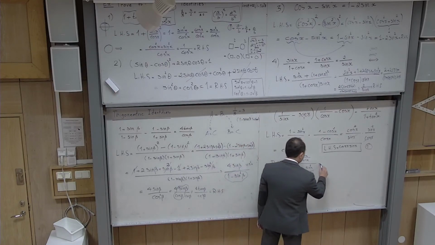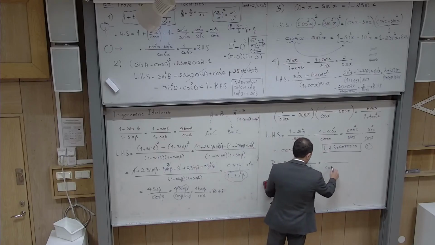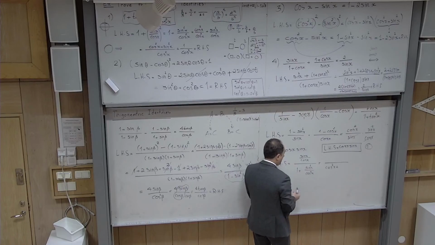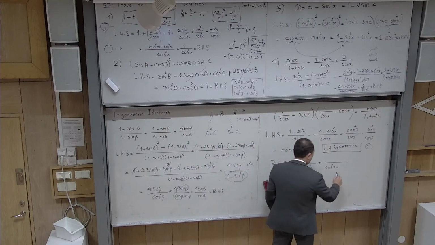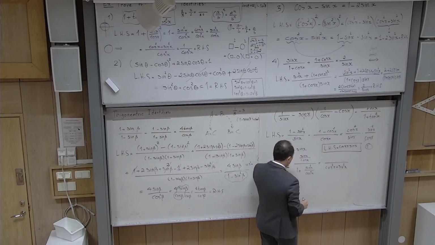What happens? This term becomes cosine squared x. Okay, what happens for the second term? Can you tell me? Sine squared, because the cosine squared that I am multiplying will cancel this one. I am left with sine squared. And then here, I'm multiplying cosine squared. 1 cosine and 1 cosine are gone. 1 cosine is left, which becomes what?